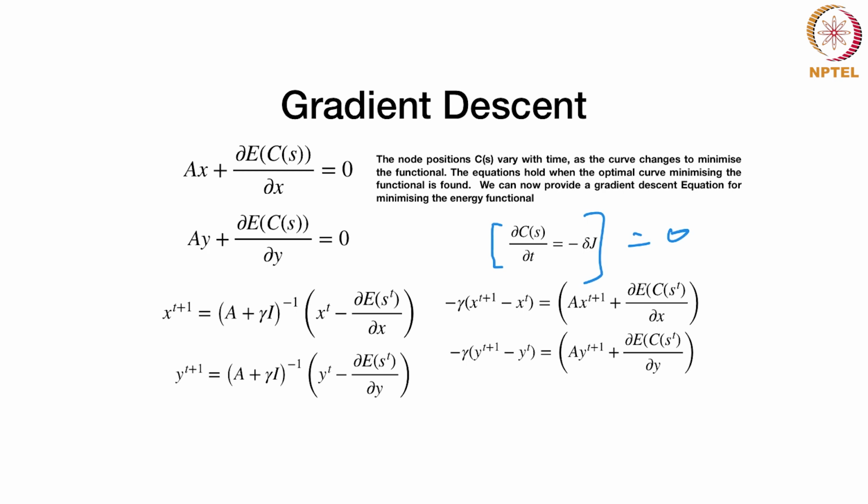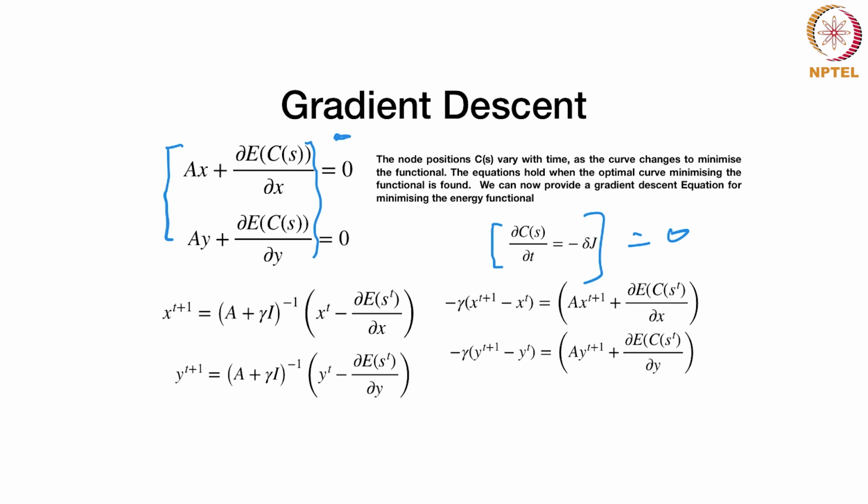You are propagating the curve in the opposite direction of the gradient of the functional. We are trying to estimate the curve itself, and minus delta J is what we estimated here. These are the terms for minus delta J.